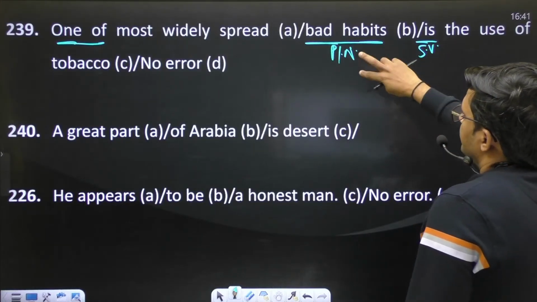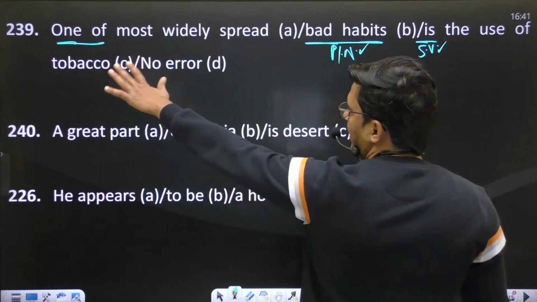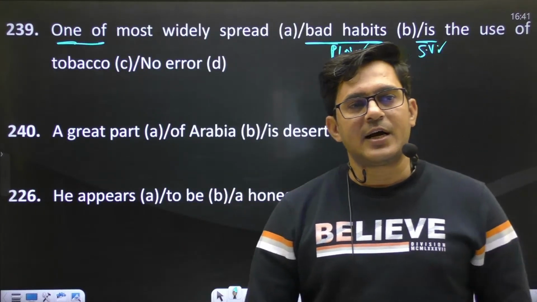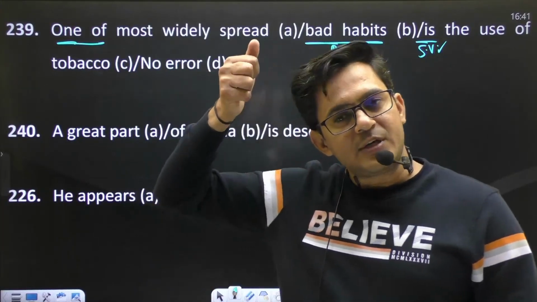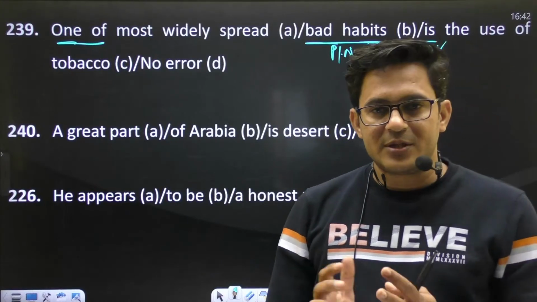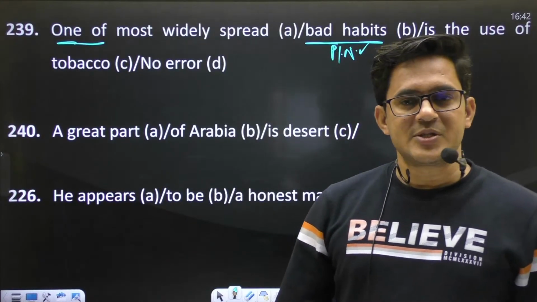You have five such words: one of, each of, either of, neither of, and every one of. All these demand a plural noun or pronoun, and the verb must be singular.